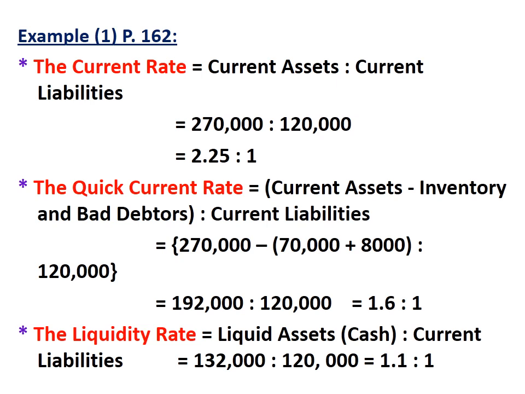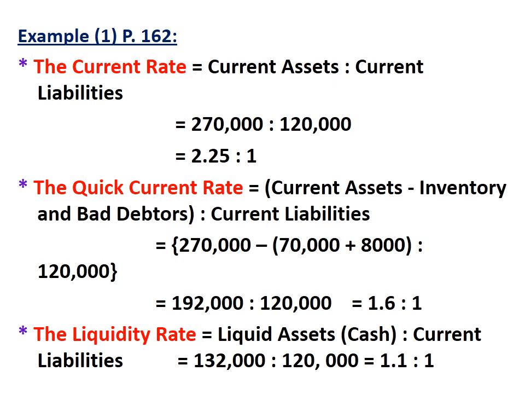So if deducted from 270, I will get 192. If this quick current assets compared by current liabilities, it gives 1.6 to 1, and it is accepted round 1.5 to 1.